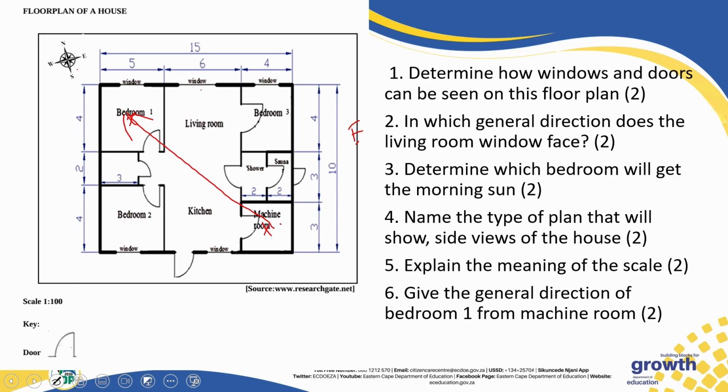So I come here, I follow how it is put, then I put mine also, where it says from. So we can see that this is northwest. It is between the north and the west. So bedroom 1 is in the northwest direction from the machine room. So you can see you can be asked the same questions on the plan and on the map. So you need to master the same things.